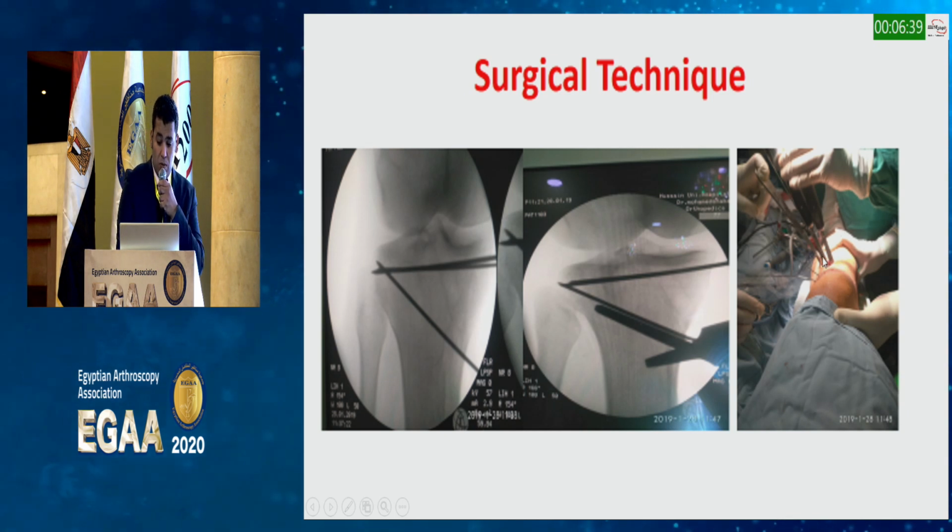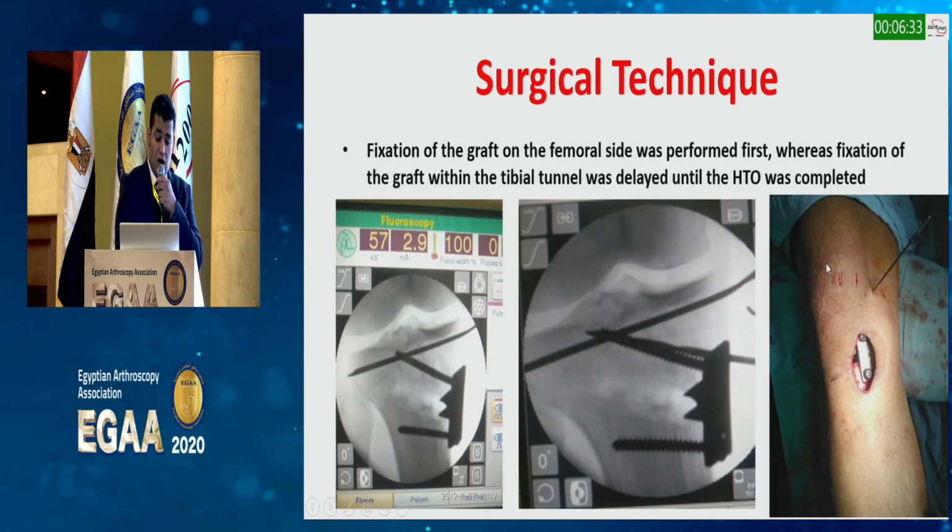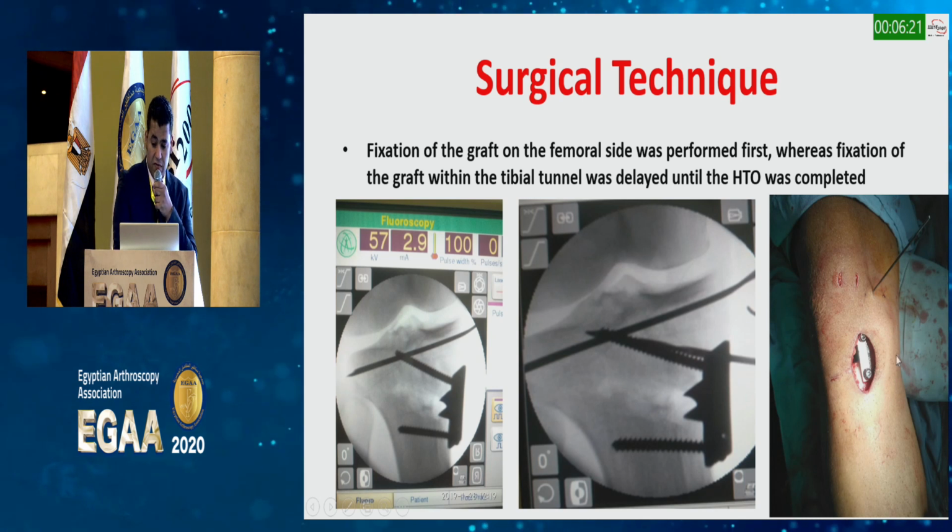We then put the spacer in the opening to open the wedge. After that, we put a spacer plate of about 10 millimeters to correct the degree of the deformity, and put the screws like this. And this is the end of the operation, showing the plate and the opening of the osteotomy site here.